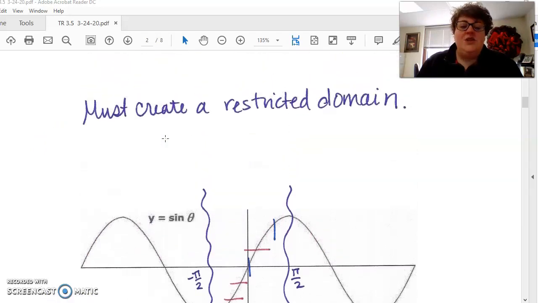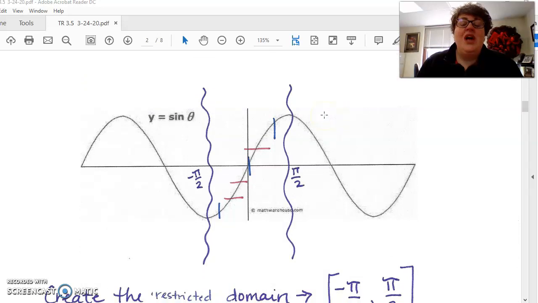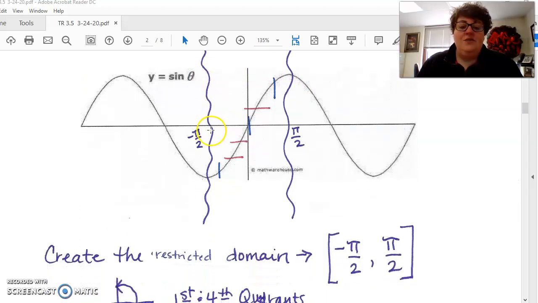So what we have to do is create a restricted domain. On the x-axis, we have to restrict it down to just a section. For sine, if we restrict it down from -pi/2 to pi/2, if we look at that section that I put blue lines and red lines on, it passes the horizontal and vertical line test.